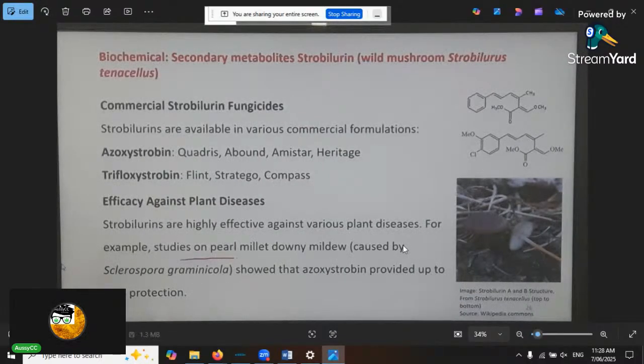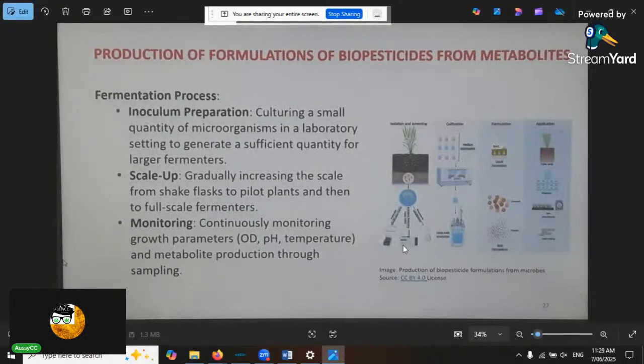Pretty cool. And again, this is organic too. Down the bottom, studies on pearl millet downy mildew showed it provided up to 91% protection. So this is all organics. You can get really good results from organics.